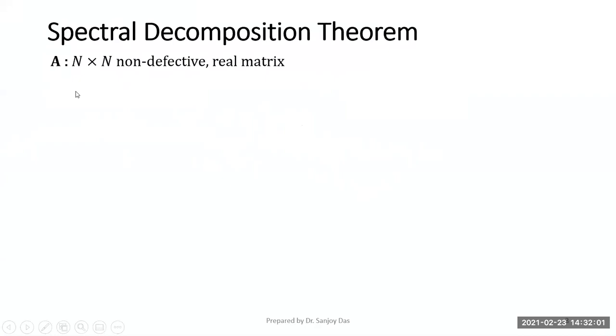Okay, so we have a matrix A, which is an n by n, therefore square, non-defective real matrix. Its eigenvalues and eigenvectors are lambda 1, v1, lambda 2, v2, until lambda n, vn.